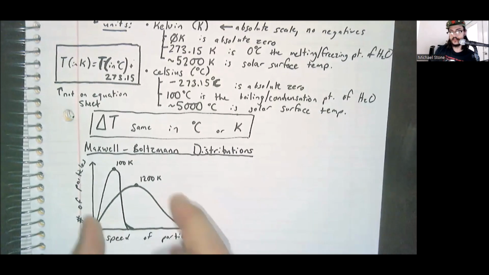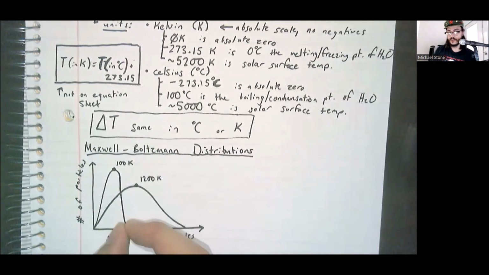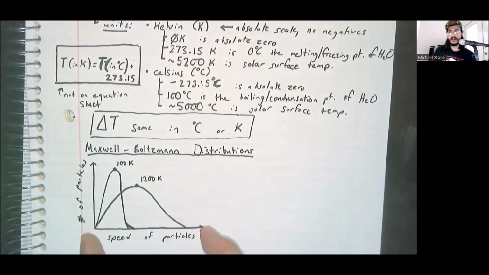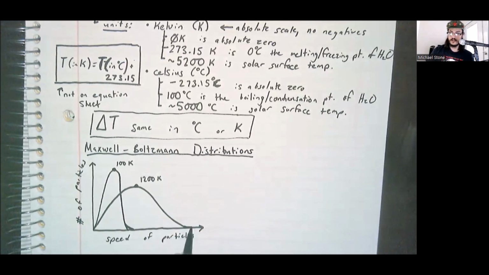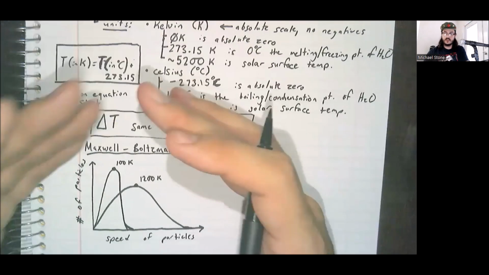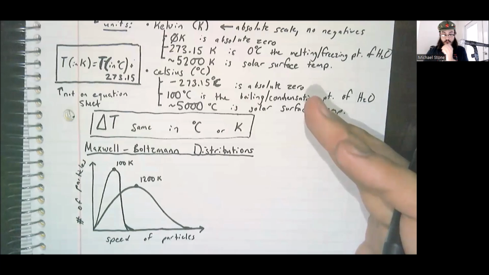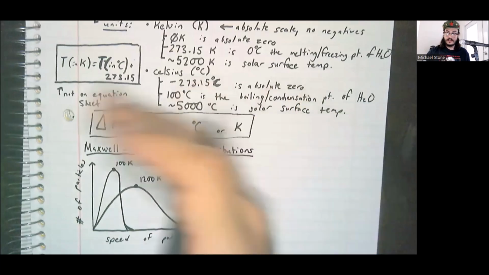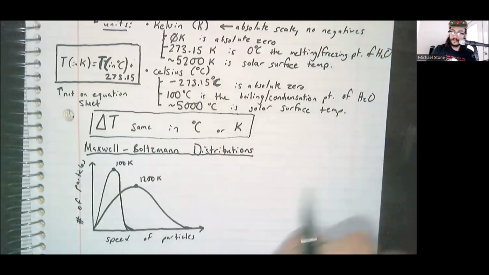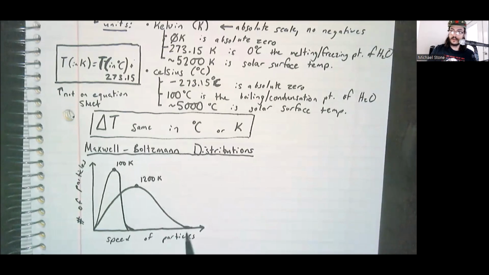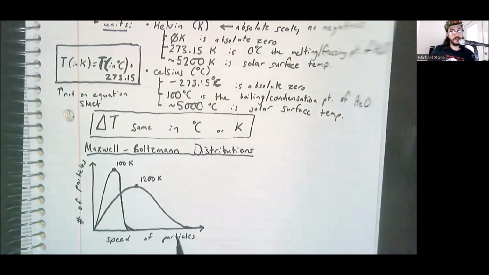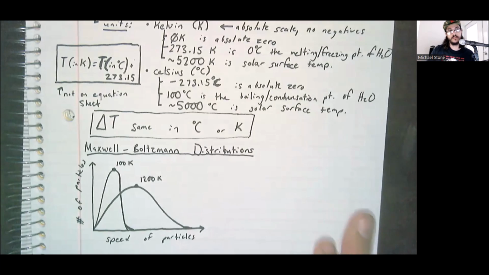Notice that the same sample at a higher temperature has many, many more potential speeds that its particles could have. The distribution gets really, really broad as it increases in temperature. So you have fewer particles at any one speed, but you have more possible speeds for your particles at higher temperatures.